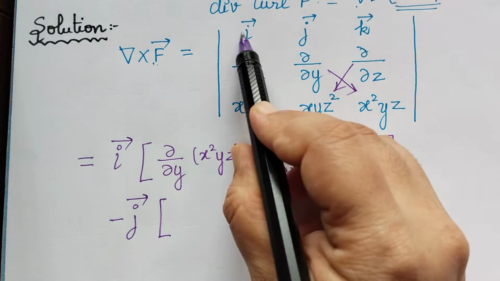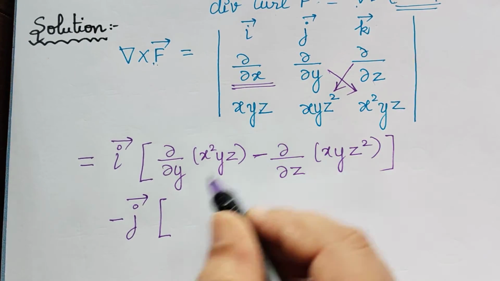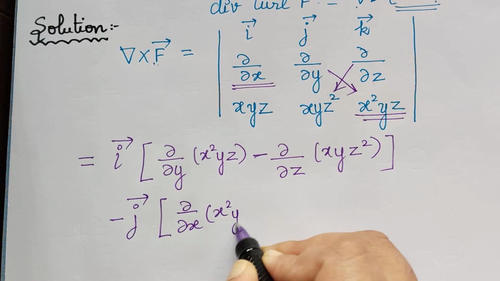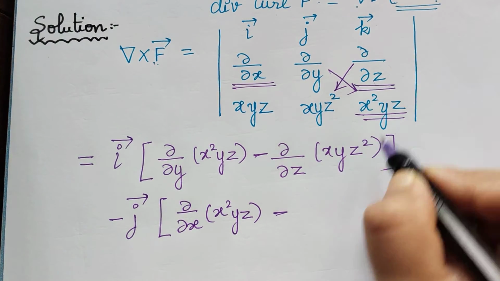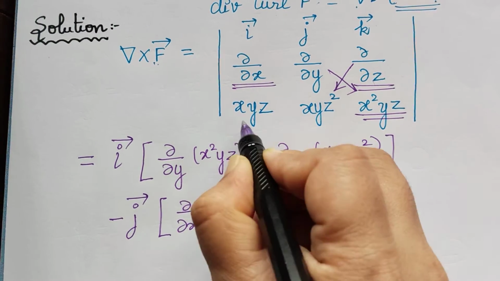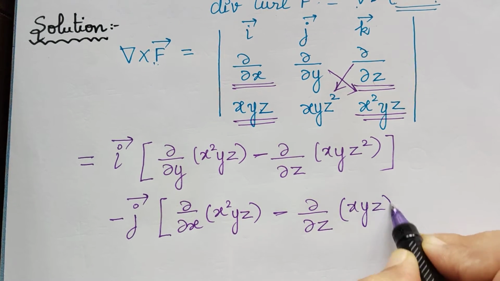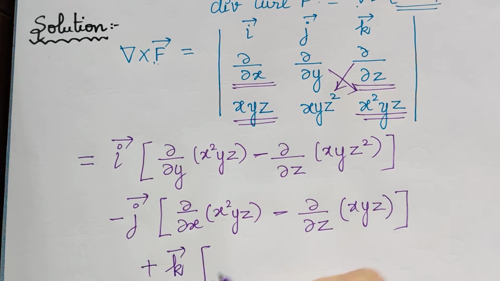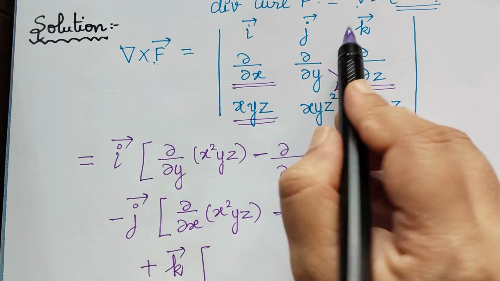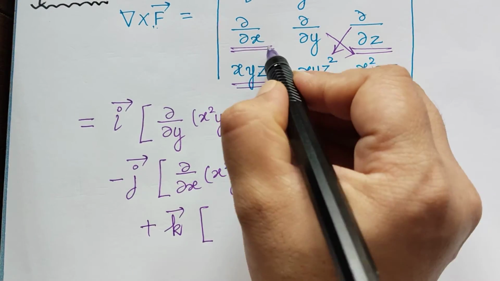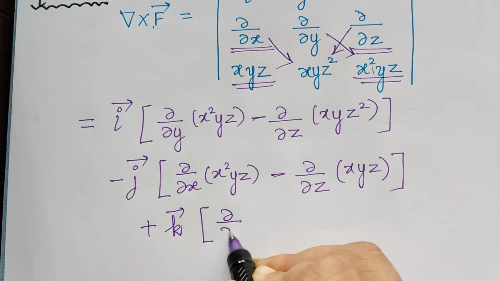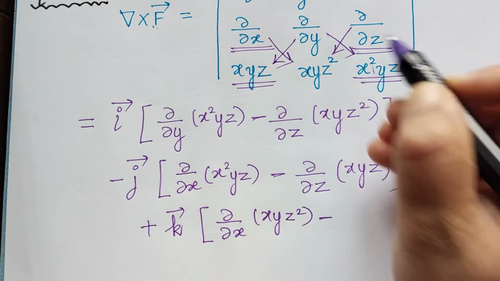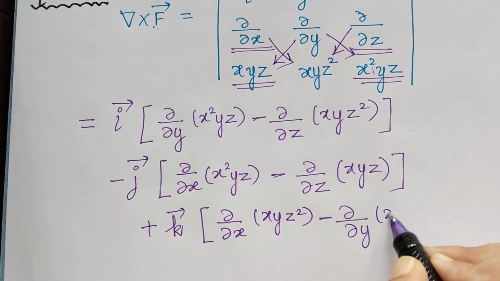Blocking this column and this row, we have dou by dou x of x square yz minus dou by dou z of xyz. And then the last one is the kth component, so plus k vector multiplied with, blocking this column and this row, dou by dou x of xyz square minus dou by dou y of xyz.